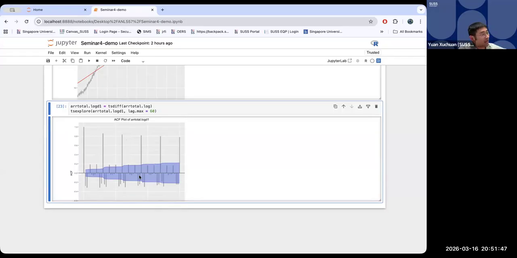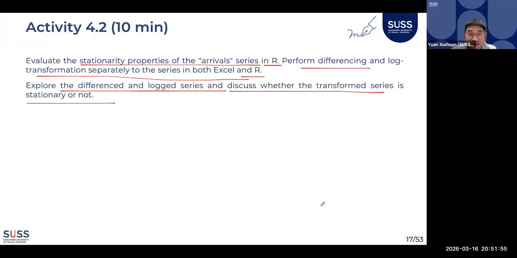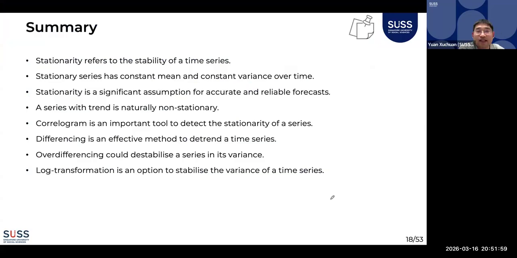Okay, so this is activity 4.2. So let me go back. Okay, are you all okay with this activity? Do you have any questions?